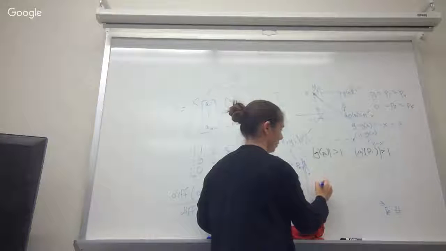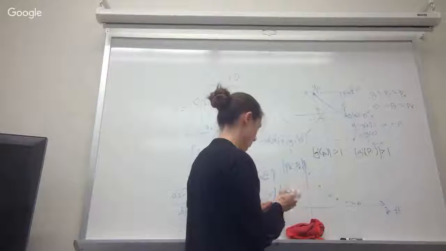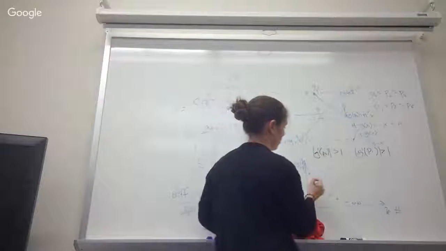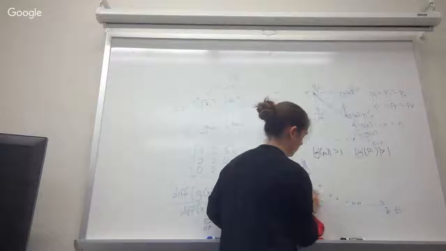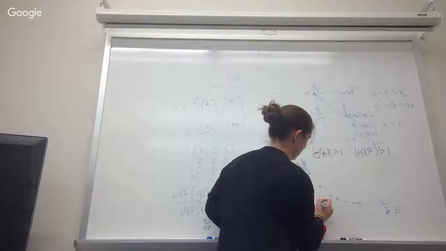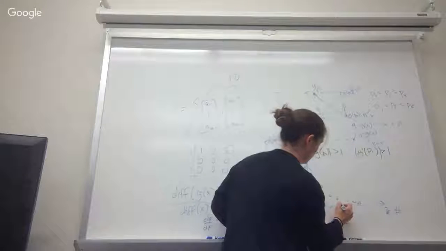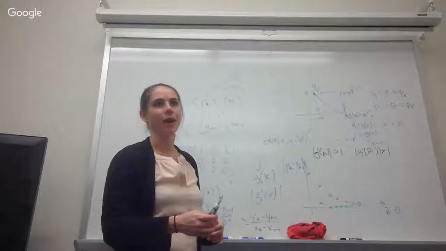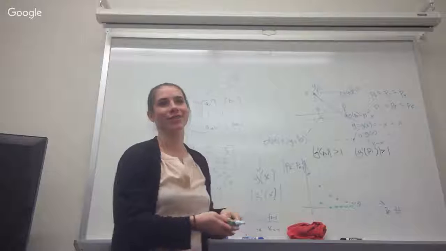If you had one curve that goes like this, and another curve like this, the green one is faster, because the rate of it going to 0 is faster.